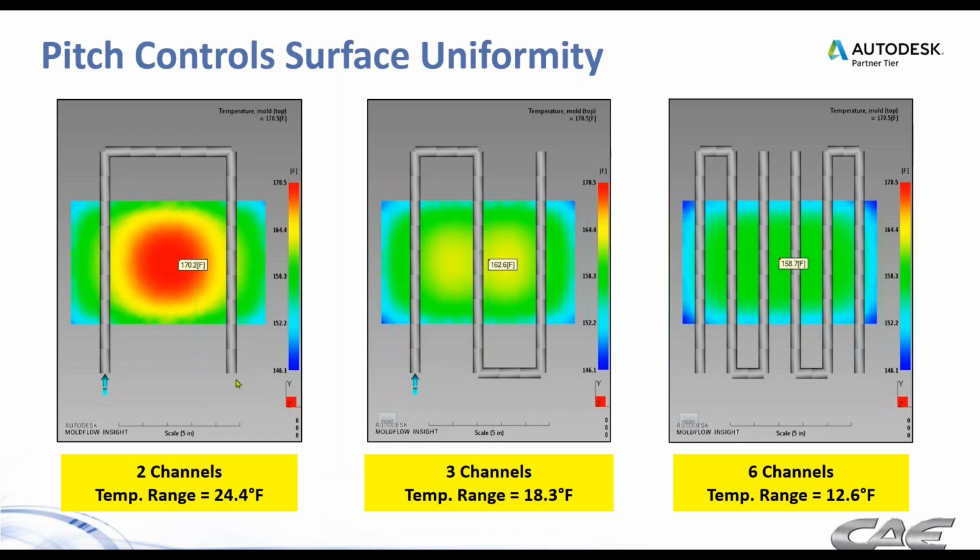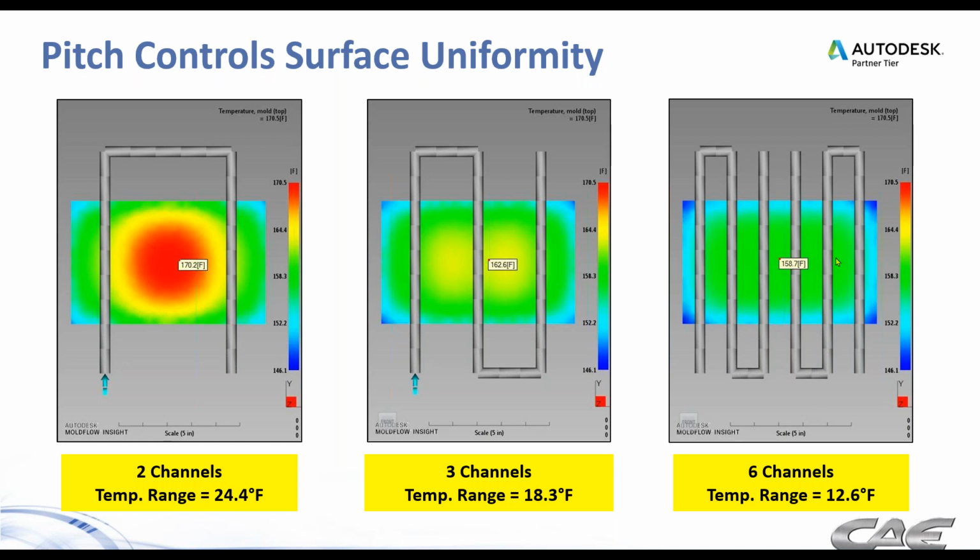You have a couple of channels traversing the part here, and you can see a fairly wide range of temperatures, anywhere from the 140s up to the hottest area there in the center, around 170 degrees. And then we add another channel to take care of that little hot spot there, but we still have some variation, right? 146 up to 162, 16 degrees, or in this case, I guess it's actually 18.3.